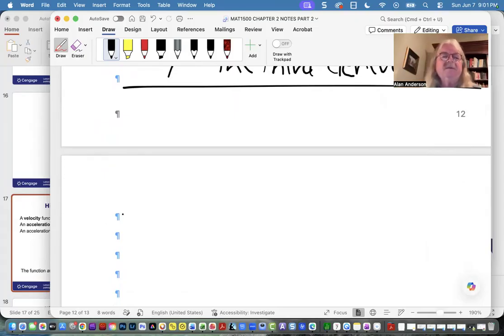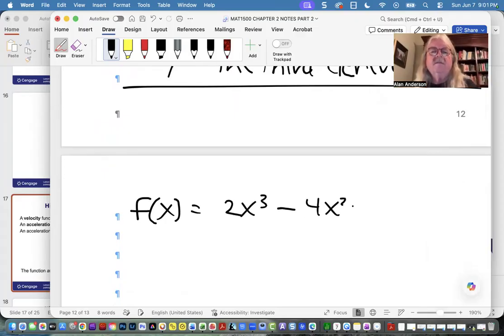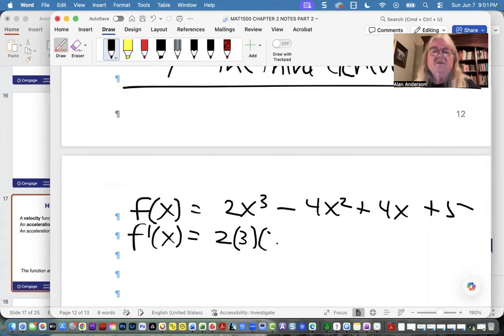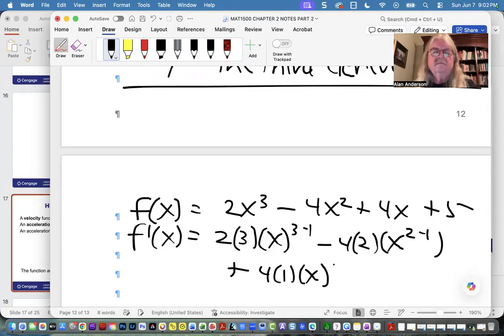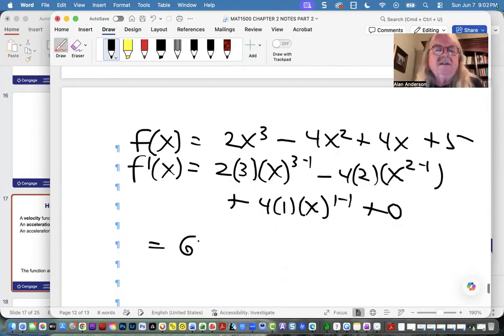So, if you had, for example, f of x is 2x cubed minus 4x squared plus 4x plus 5, the first derivative would be, using the rules that we know, which brings us to 6x squared minus 4x plus 4.